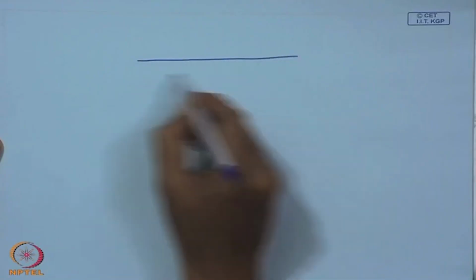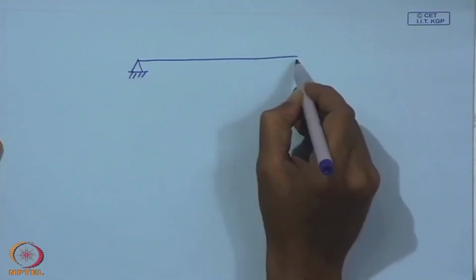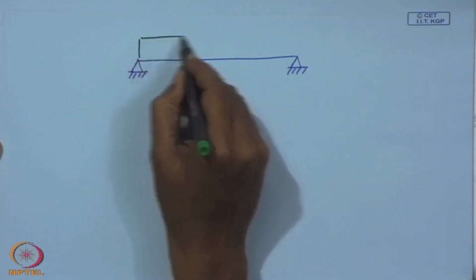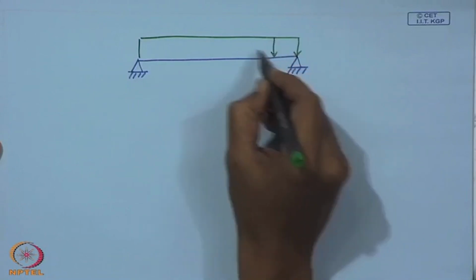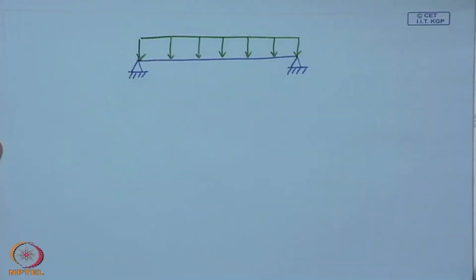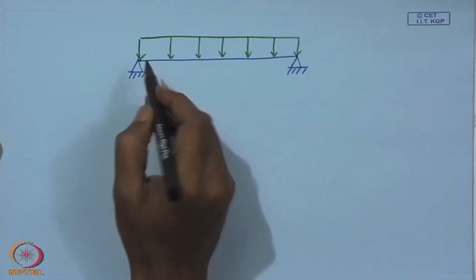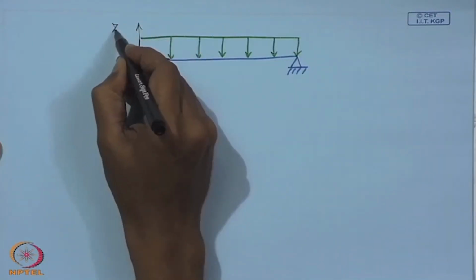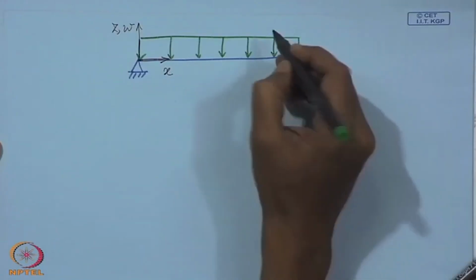We consider a taut string with a uniformly distributed harmonic force.